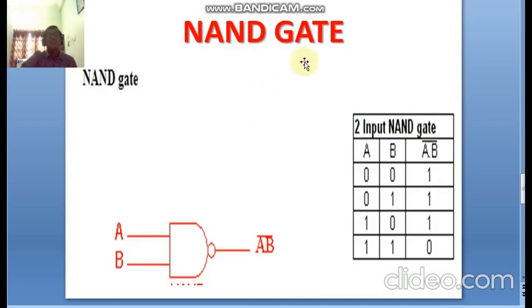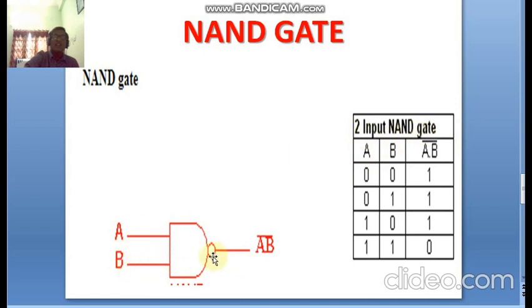Similarly, NAND gates. This is a universal gate because we can derive NOT, AND and OR gates from this one by using more NAND gates. This is the symbolic representation, or the circuit, of the NAND logical gate. Here we are giving 2 inputs, therefore it is a 2-input NAND gate.